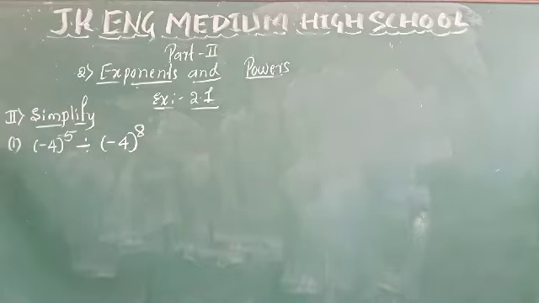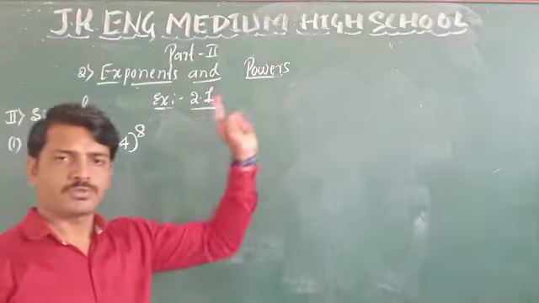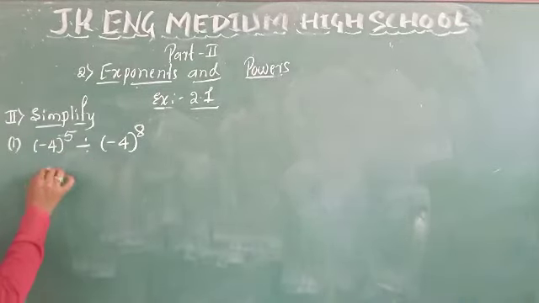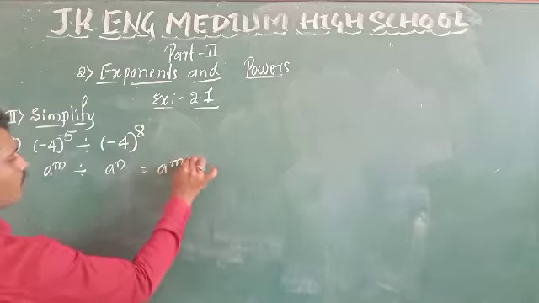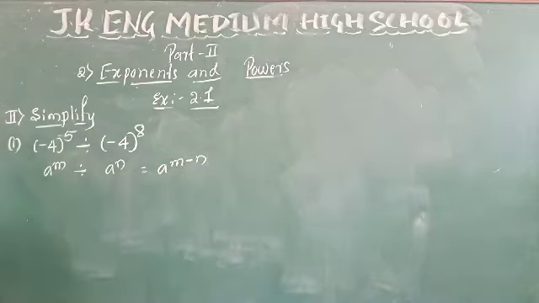Okay children, minus 4 to the power 5 and minus 4 to the power 8. The question is in the form of a to the power m divided by a to the power n, which is equal to a to the power m minus n.